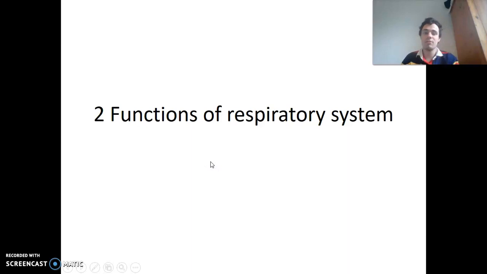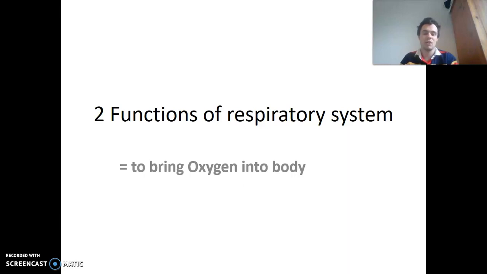So there's two main functions of the respiratory system. Number one is to bring oxygen into the body, and we should all know by now how important oxygen is for the body. It helps us function, and it's really important, especially when we're doing exercise. We need oxygen to provide us energy so we can exercise and maintain our exercise. And the other really important function, maybe you've guessed it already, have a quick think.